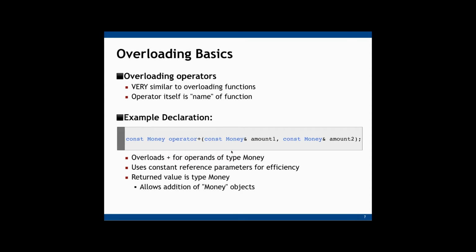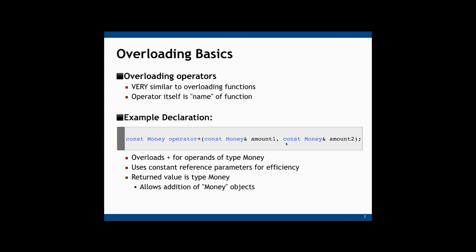The arguments to the overloaded operators can be any type, as long as at least one is a class type. So here there are two arguments of type money class. You can put any other types here, but at least one argument should be a class type.